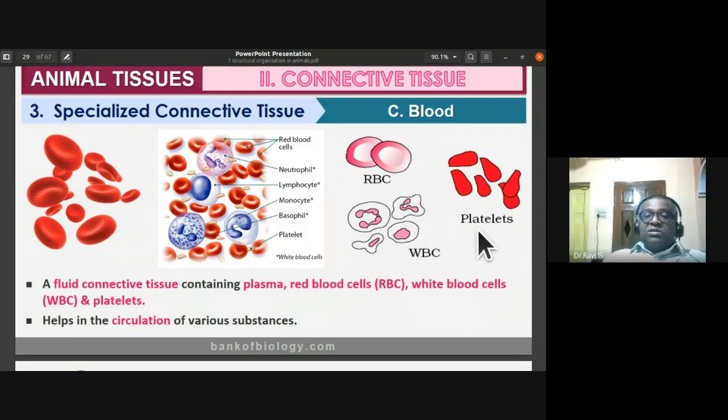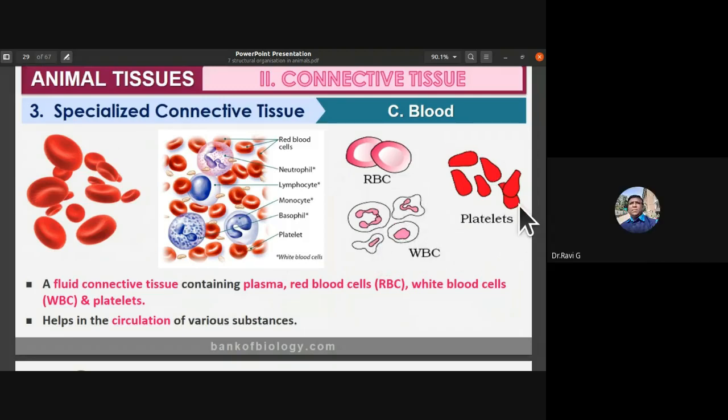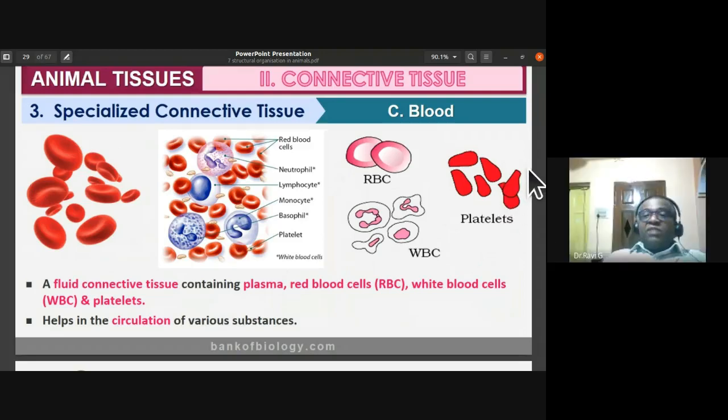Okay, and the blood platelets we also call thrombocytes. Especially during this season, the blood platelet count matters a lot, especially whenever a person is suffering from fever and joint pains. The blood platelet count is taken to determine the nature of the disease also.